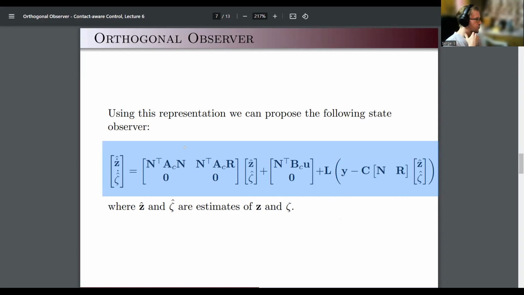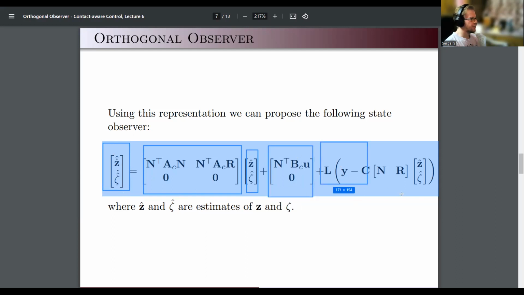So your code will contain, and I'm oversimplifying a little bit, but hopefully you'll forgive me, those z dot, zeta dot. It will be discretized, of course, right? It will contain the state matrix times the actual state variables here. You would add this term, and you would add this term.